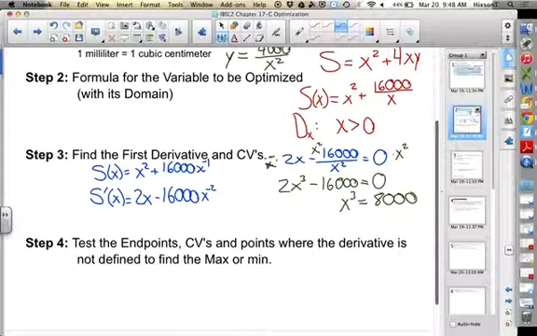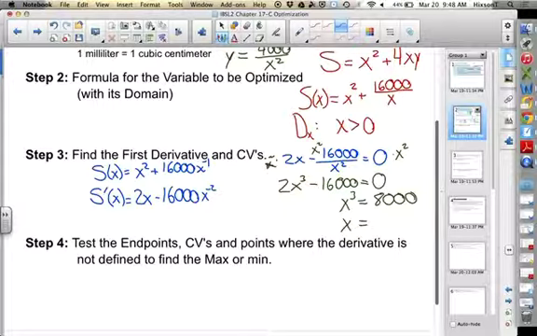Alright, what'd you get for your critical value? What do we get? X equals 20. Listen up. We set it equal to 0. I multiplied both sides of the equation by x squared to get the x squared out of the denominator.